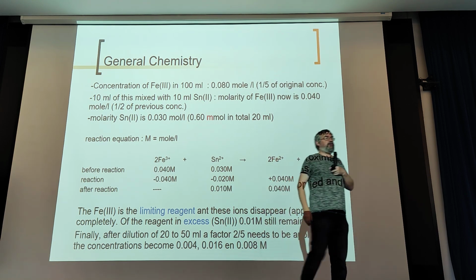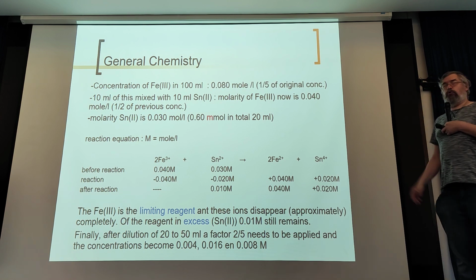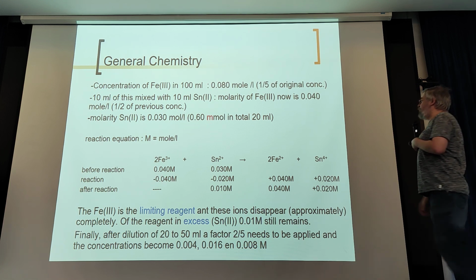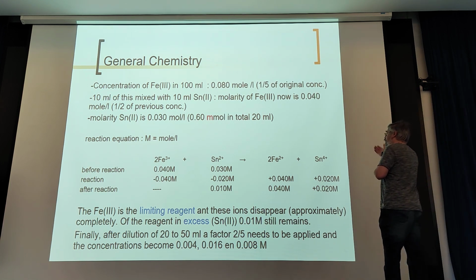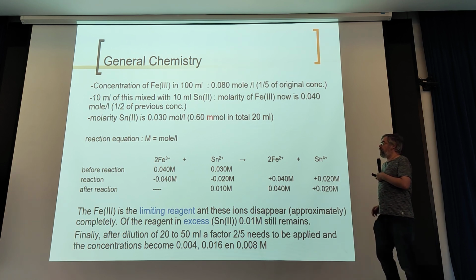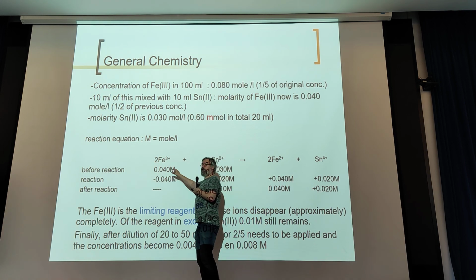Now, if you look at the equation, we need 2 irons for 1 tin. Afterwards, we form 2 iron 2 plus and a tin 4 plus. Now, even though there is more iron 3 plus, this is the limiting reagent.